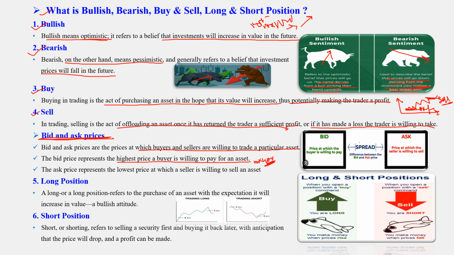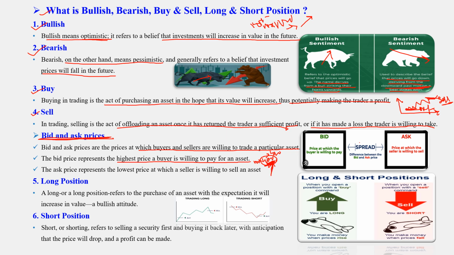After some time the market price may go up to 410, but the highest price a buyer is willing to pay for the asset is 400. We need to buy at this price, and as a buyer we are willing to pay this as our highest price, as a bid.